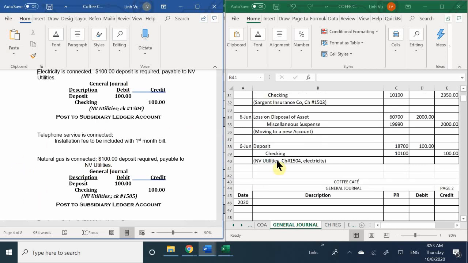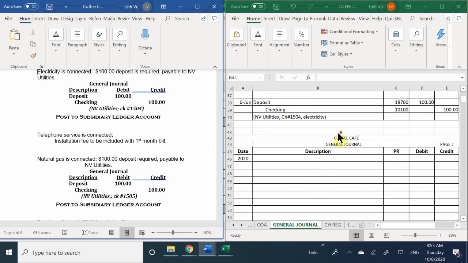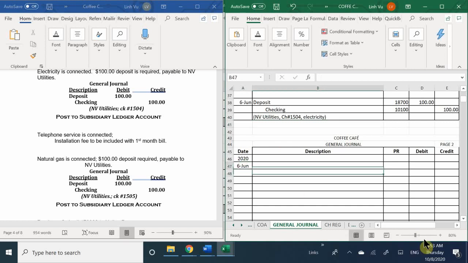So in this case, we know exactly what deposits were. Deposits were 18,700, and I am going to write another check for 1505, but this time not for electricity, it's for gas. So, how do I journalize this? Deposit.